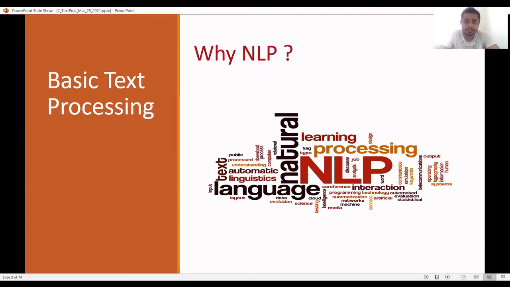So why NLP? NLP stands for Natural Language Processing. It is a subfield of artificial intelligence that assists computers with understanding human language. Utilizing NLP, machines can understand unstructured online information, so we can gain significant insights.